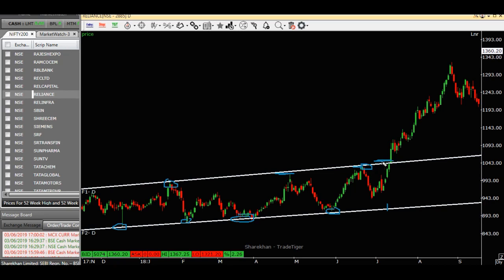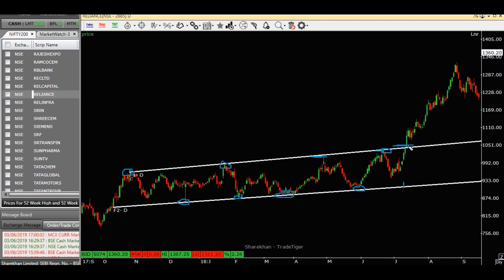It's a very small risk, small stop loss for a highly big reward, right? And now as it breaks out, we can enter the channel as a breakout trade as well, and keep a target equidistant to the width of the channel, right? And my target would hit somewhere up here.